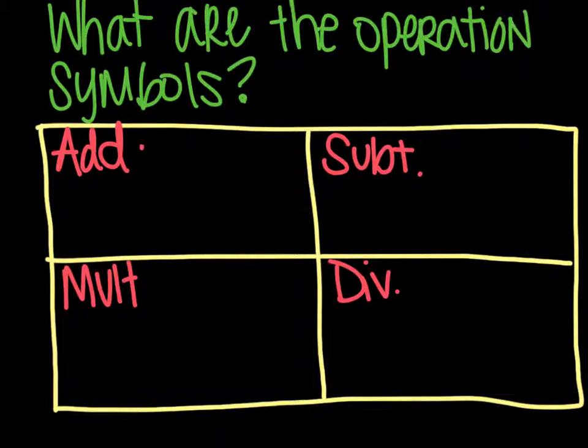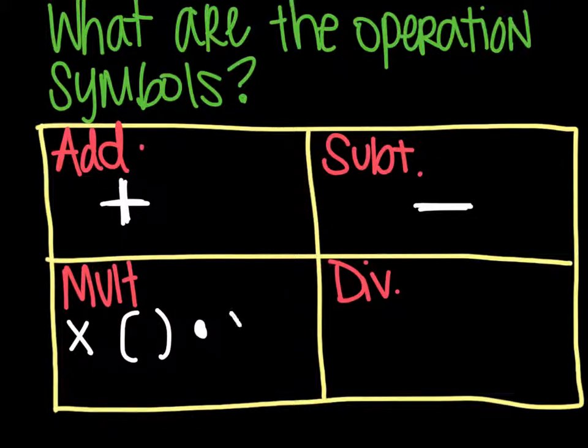Some of them are pretty easy. Adding, you're going to see the plus sign, and that's really the only symbol you're going to see. Subtracting, same thing. You're going to see a minus sign. Multiplying and dividing have a couple more to them. Multiplying, you can see the times symbol. They can also have parentheses, and that indicates multiplication. A dot and a star.